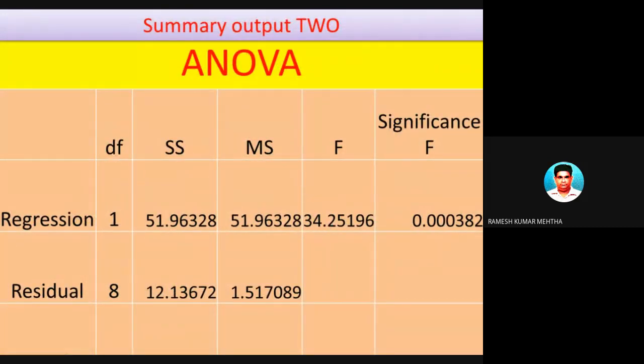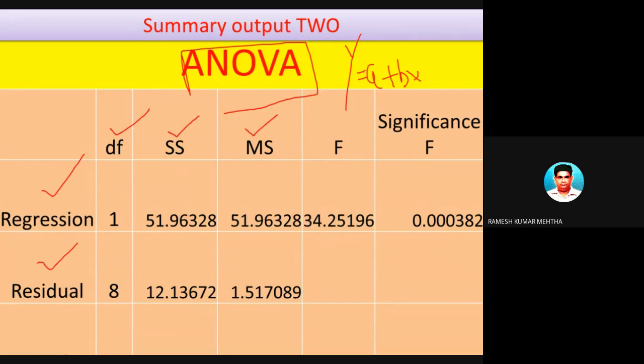When you run a regression on a given set of data, not only will you get an equation y is equal to a plus bx and the model summary. Apart from this, you will get an ANOVA table, and the ANOVA table has an output like this, showing you regression, residual, degree of freedom, sum of squares, mean sum of squares, F value, and significance value.